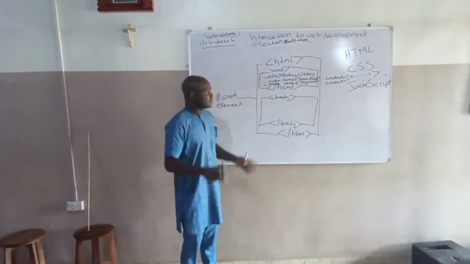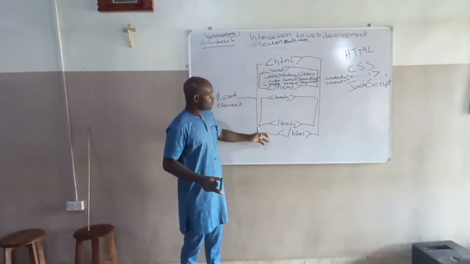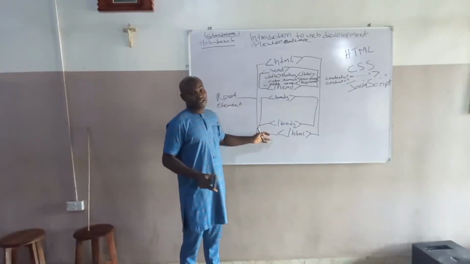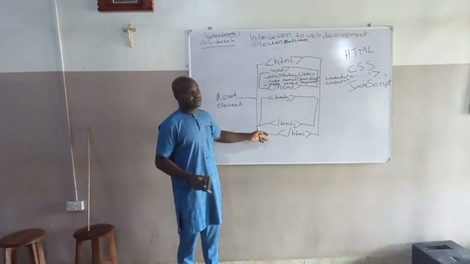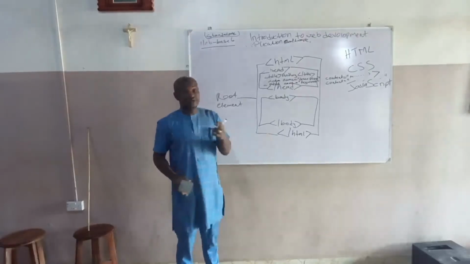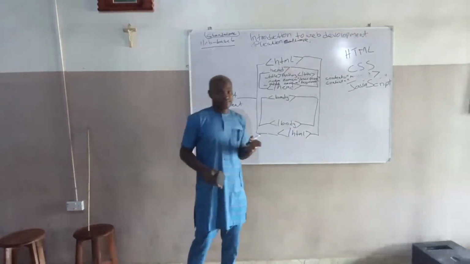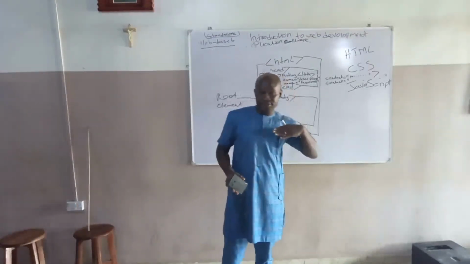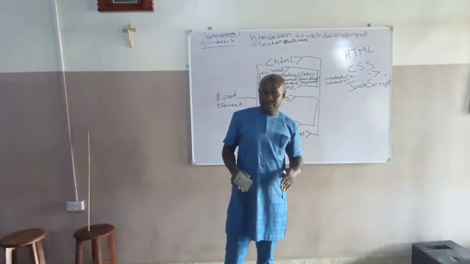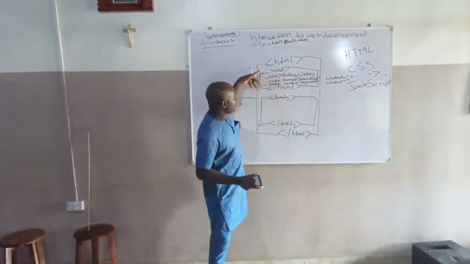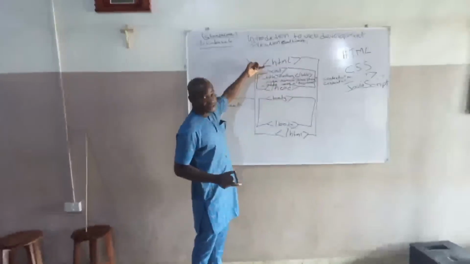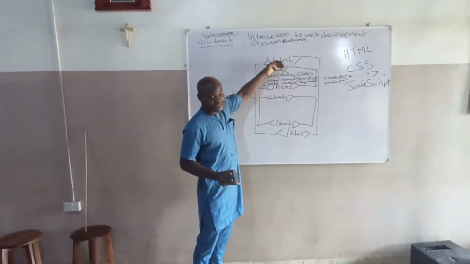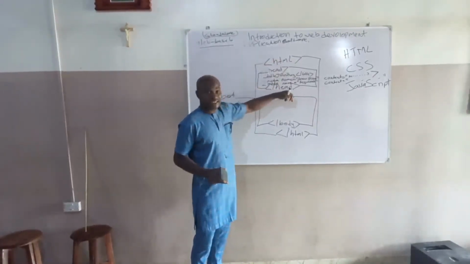I now say the HTML element is divided into two major parts. I said the head element and the body element. And this is how to declare your head element. Head using the opening tag and the closing tag.